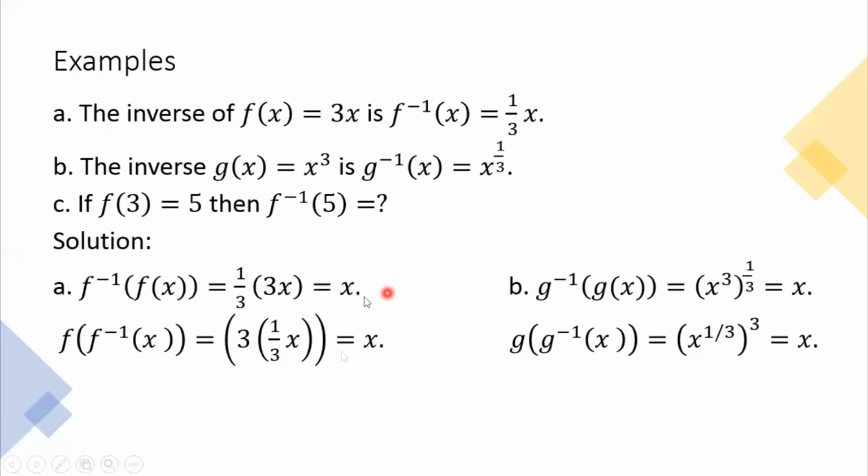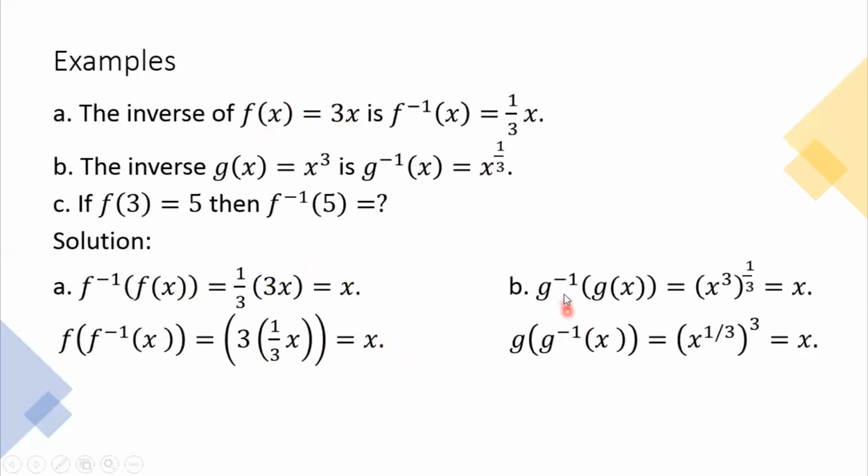Therefore, the two conditions are satisfied. F inverse of f of x is equal to x, and f of f inverse of x is equal to x. Okay? So we have shown that f and f inverse, the two functions, are inverse functions, or they are inverses of each other.